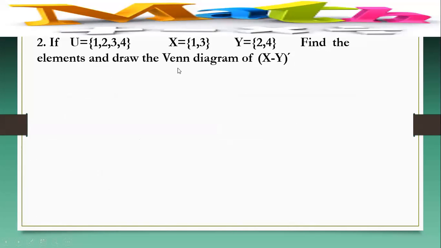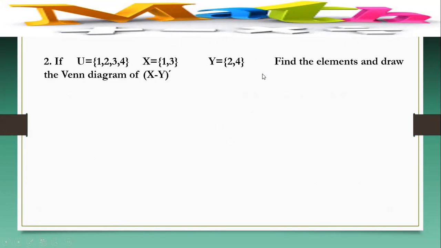Okay, now the next question is on your screen. Universal set contains 1 till 4, x is 1, 3, and y is 2, 4. Now, how can I solve x minus y whole complement? First, I have to find x minus y.